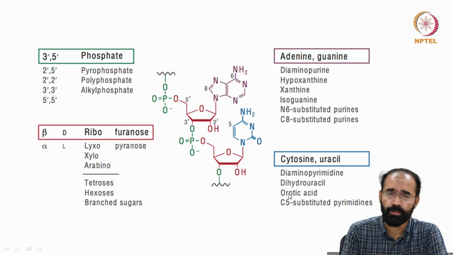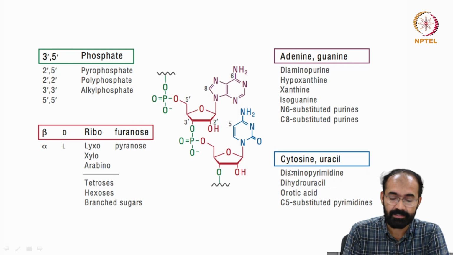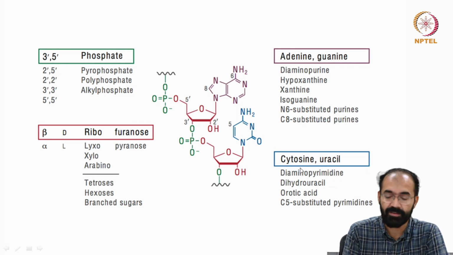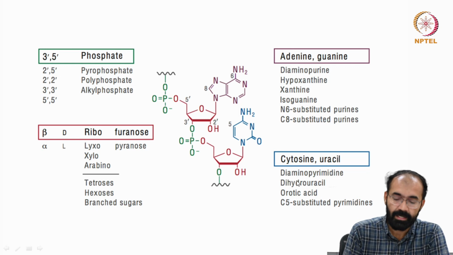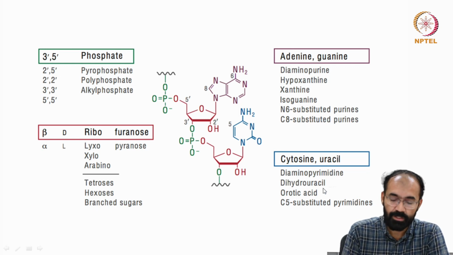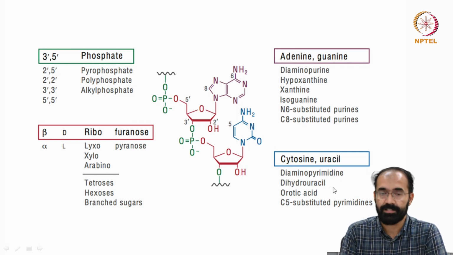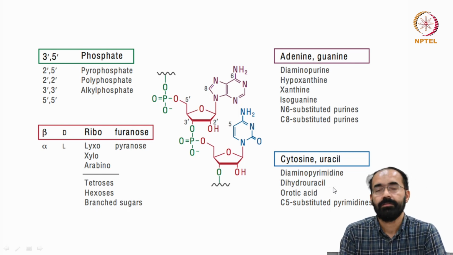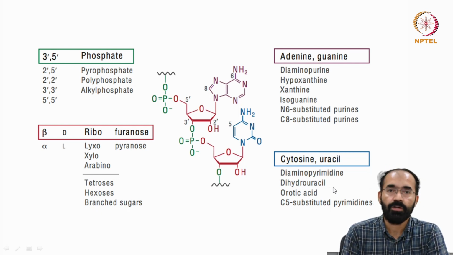And at the bottom, you have a list of pyrimidines, where cytosine and uracil are circled, whereas you also have diaminopyrimidine, dihydrouracil, orotic acid, etc. So what this shows is that in the prebiotic world, due to a lot of physical and thermal activity, a lot of molecules could have been formed and existed. However, not all of them are recruited into the RNA structure. Some of them are recruited. What could be the reason?